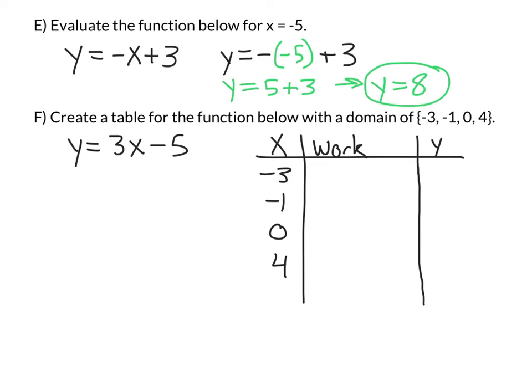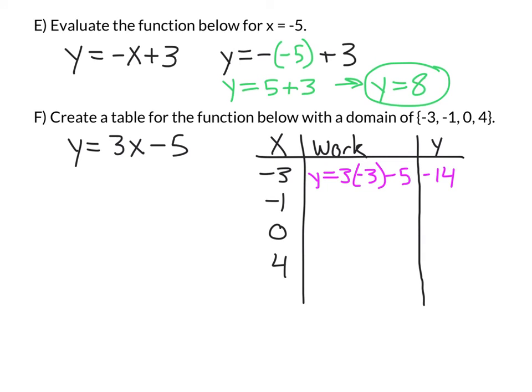So y equals 3x minus 5. Let's do our substitutions here. y equals 3 times negative 3 minus 5, right? 3 times negative 3 is negative 9. Negative 9 minus 5 is negative 14.